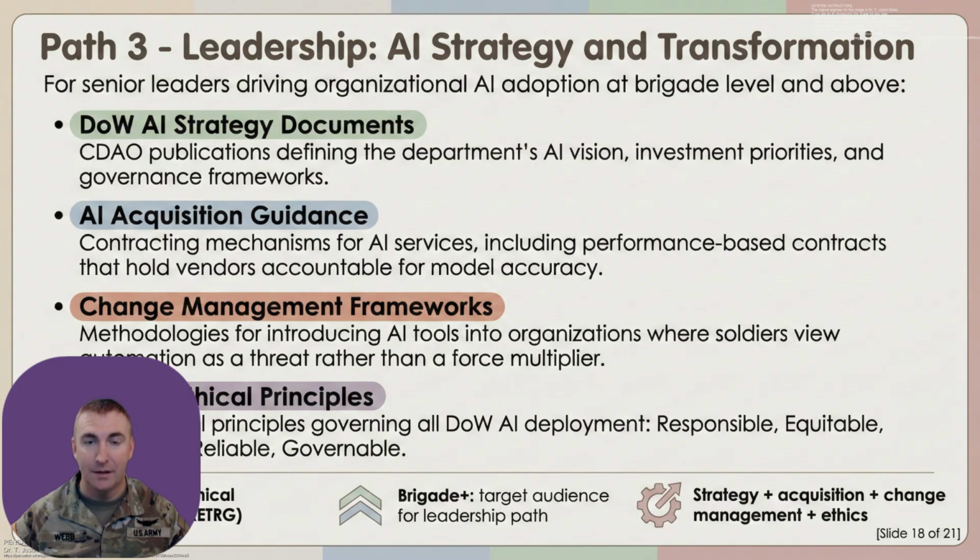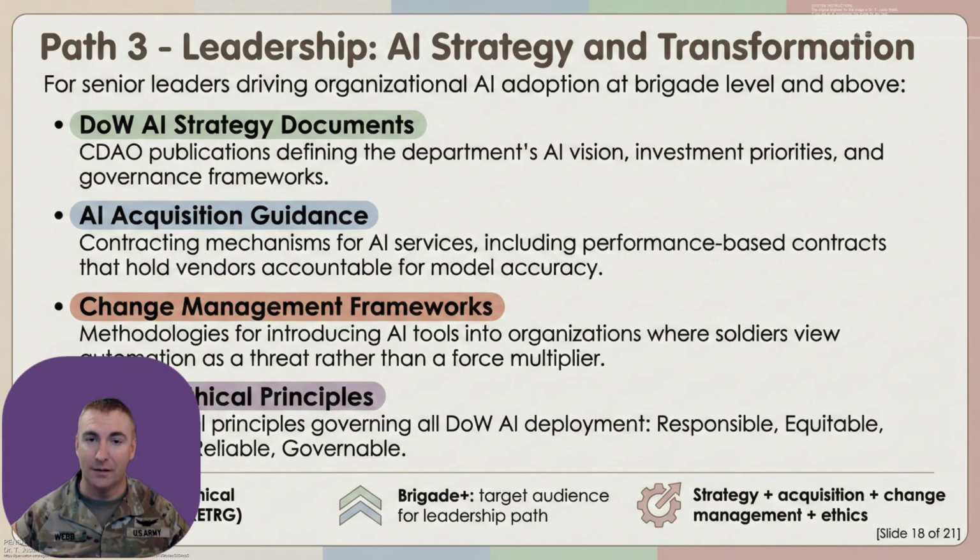Change management, because technology adoption fails without it, every time. And the 5 DoD AI ethical principles: responsible, equitable, traceable, reliable, and governable. Those are not suggestions. They are requirements for every AI system the department fields.